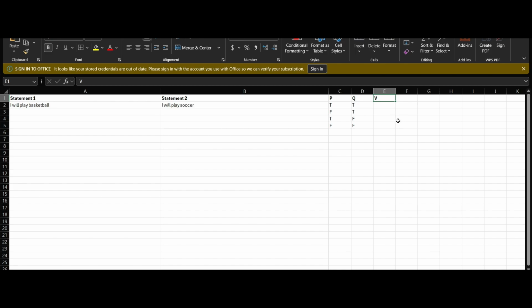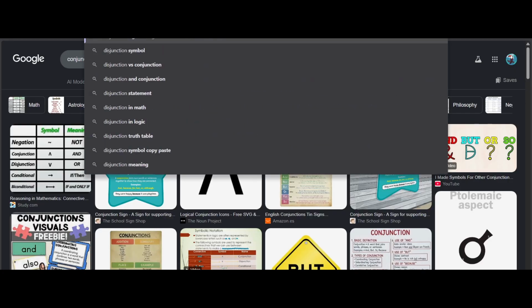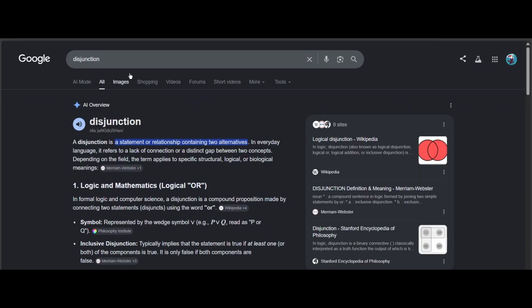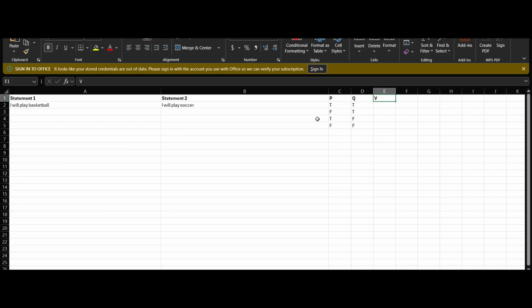And what it basically entails or describes is that either of the statements can be true. Okay? But they can't be true at the same time. I believe that is what disjunction is. Oh, I'm sorry. That was actually my fault.